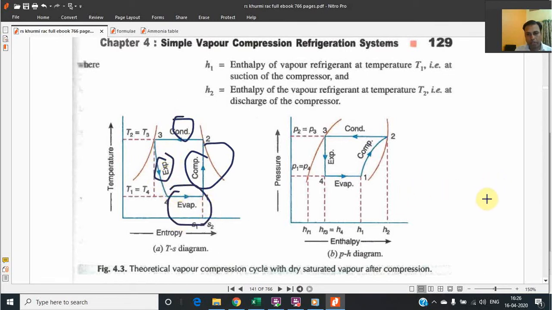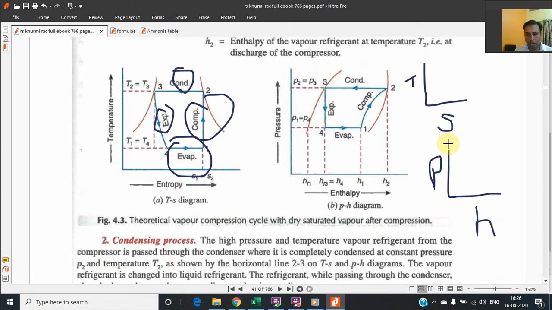We draw 2 diagrams: one is the TS diagram, temperature-entropy, and the other is the pH diagram, because for each and every refrigerant we have one table. If they ask a question on R12, you will solve it by the table or by the pH diagram of that refrigerant. You can take the R12 pH diagram and solve it from that also.